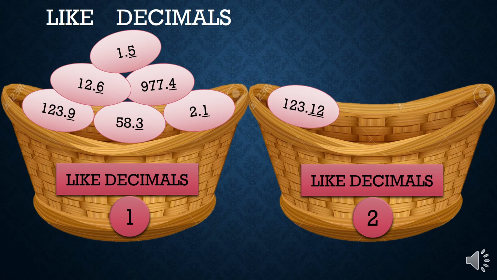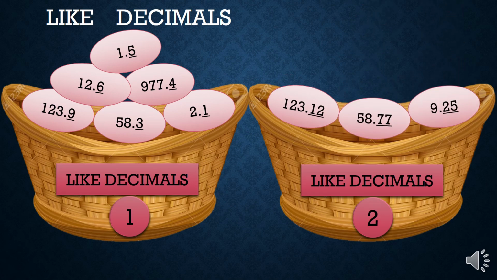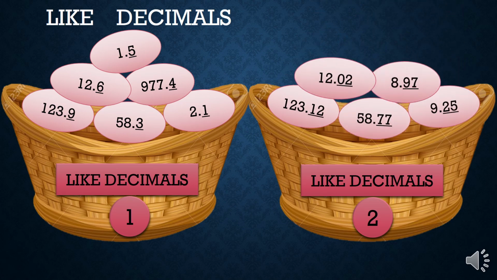Now look at the second basket. What do you observe? You can see these decimal numbers have two digits after decimal. So we have the same number of decimal places in each basket. Means after decimal the same number of digits in each decimal number, so it is called like decimals.